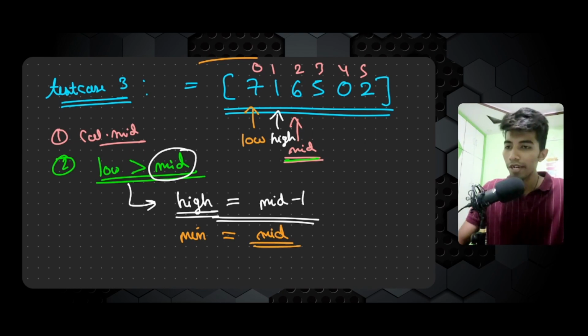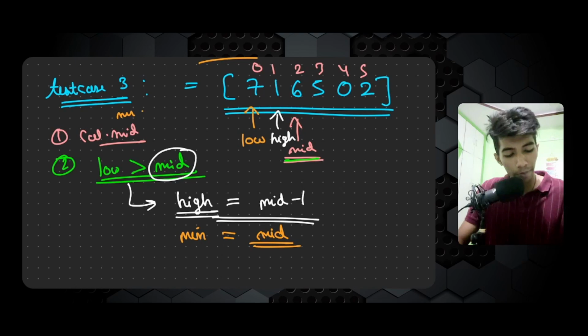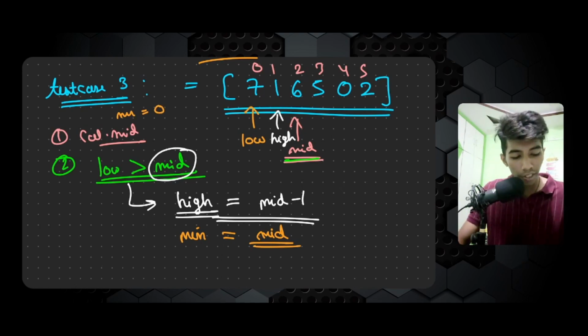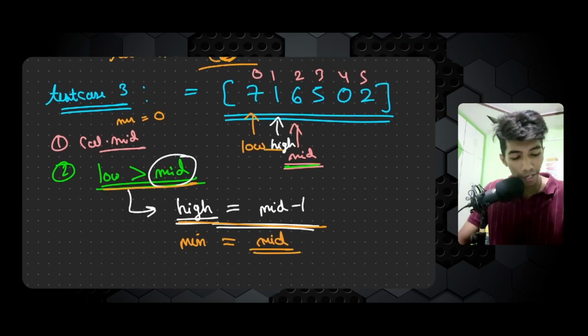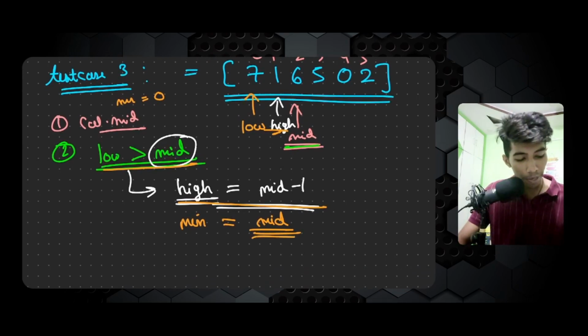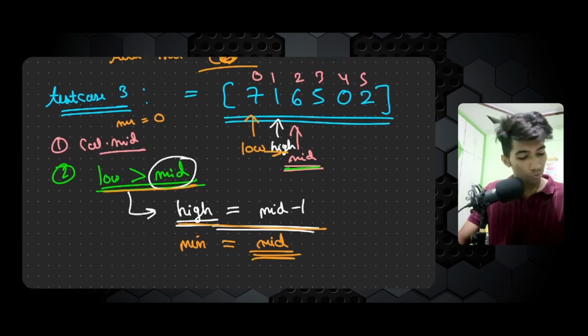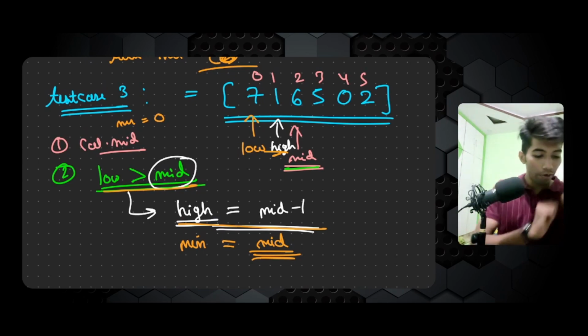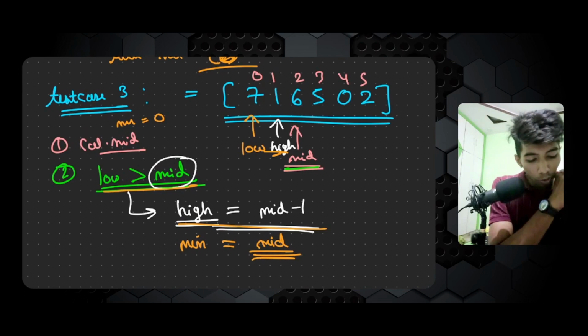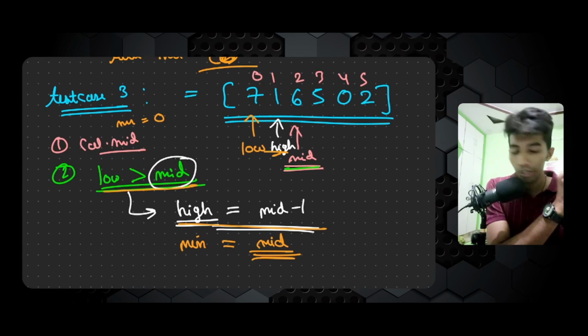I have assigned one minimum variable and given the value 0 till now. So firstly we have checked low and mid. If my low is greater than mid, we change the value of high. My high is now here, and my minimum is mid till now. Easy.